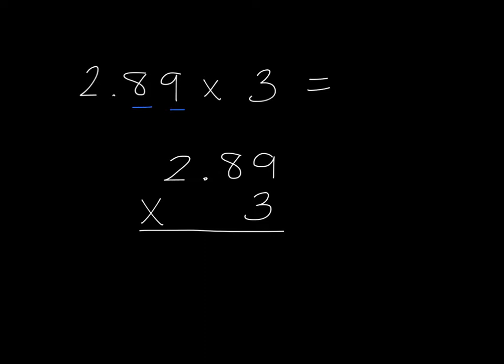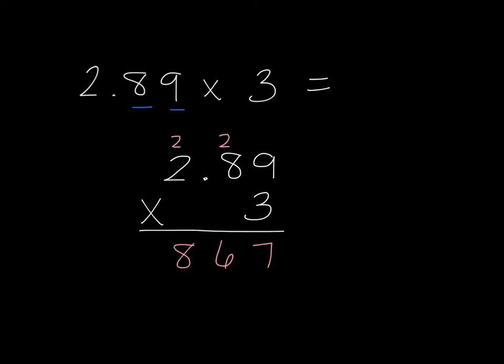So first we're going to multiply the 3 times the 9, and that is 27. Then we're going to multiply 3 times 8, and that's 24 plus 2 is 26. And then last, we'll do 3 times 2, which is 6, plus 2 is 8.